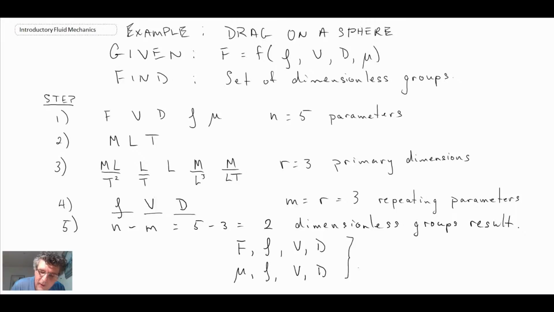So those are the basis for our two dimensionless groups. And we'll cluster those together and come up with a dimensionless number. Currently they're dimensional, but we have to come up with exponents for that. So let's look at the process of making this dimensionless.